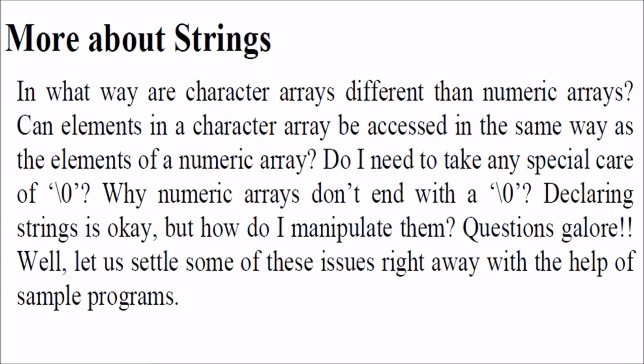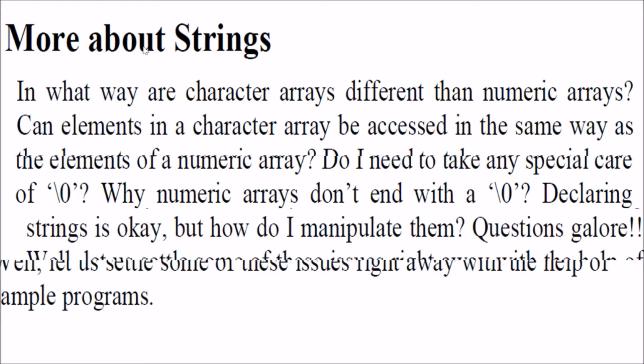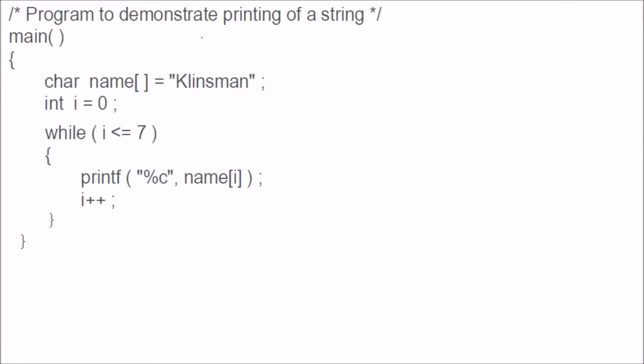Now the question arises, how are we going to deal with strings? We'll see some programs. This is a character array in double quotes. Inside this you have a series of characters and this has already become a string. A \0 is added here by C.